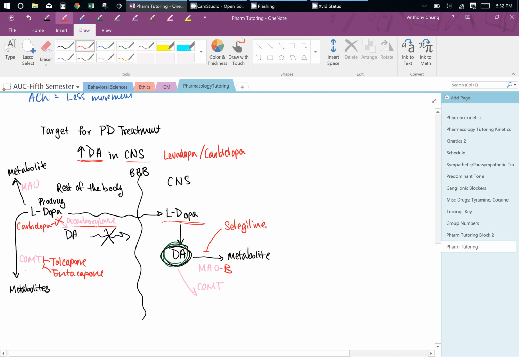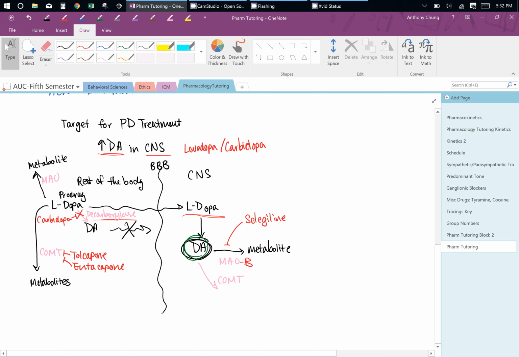Okay, so the treatment for Parkinson's mostly would be to give them the levodopa-carbidopa. So that will ensure that levodopa gets into the CNS. And then once it's in the CNS, you want to prevent the breakdown by giving a MAO inhibitor. And you would also want to prevent it from being broken down when it's in the periphery.